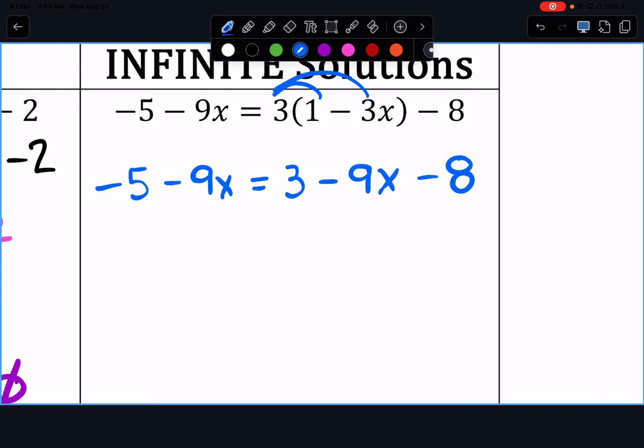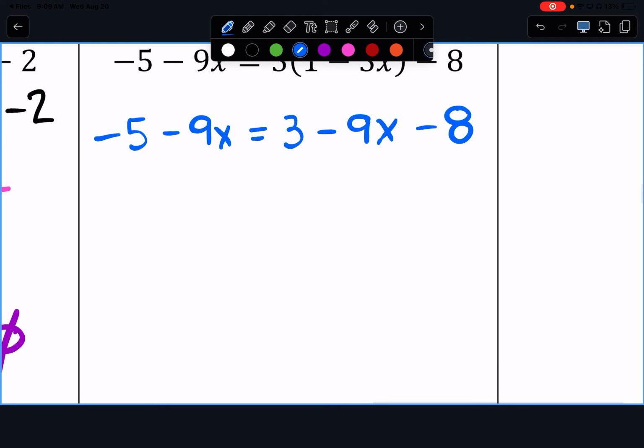Minus 8. Okay, before I move stuff around the equals, what can I do? What are my like terms I can combine? So the left-hand side, we just bring that down again. And then we have 3 minus 8, which is, then we have minus 9x.